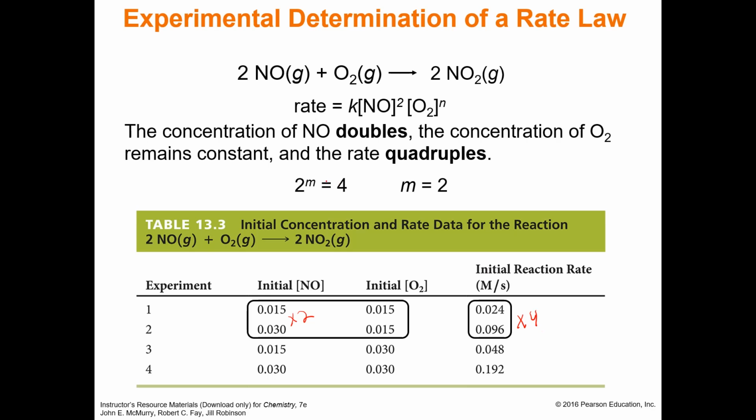So we can write an equation, 2 to the m equals 4, and we want to solve for m. This is how you will always write this out. Now in this case, if you think about what exponent would give you 4, 2 squared would be 4 because 2 times 2 is 4.